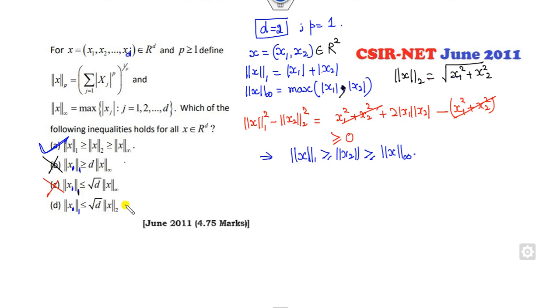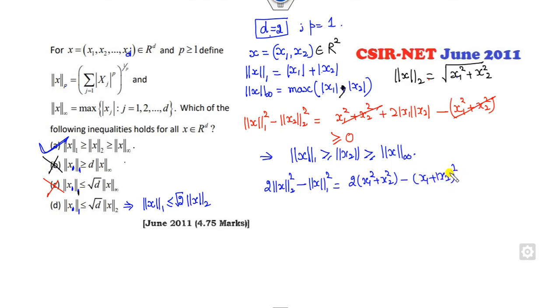Look at this option. Now since I consider D as 2, my target is to prove this number is root 2 times x2. So I can start from the square of this minus this square. What is the value of this? It is 2(x1 square plus x2 square) minus (x1 plus x2) square, mod of this. If I open this, 2x1 square minus x1 square minus x2 square minus 2x1 x2.